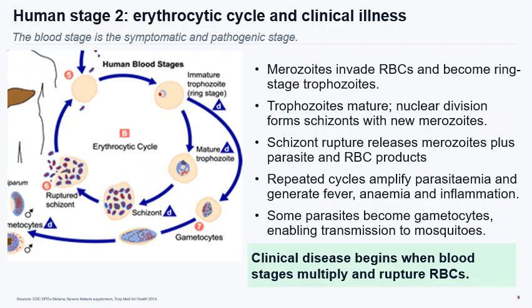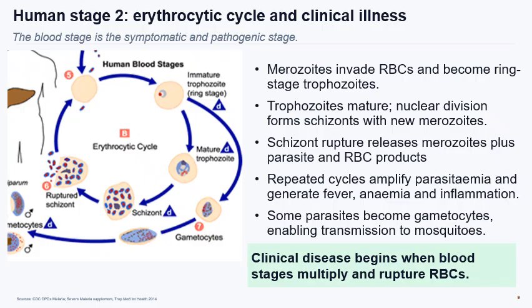from ring form into trophozoites and then schizonts. Nuclear division produces new merozoites when the schizonts rupture. Merozoites, parasite products, and red cell content are then released and the cycle begins again. This is where clinical malaria starts. Repeated cycles increase parasite density, destroy red cells, and activate innate immunity.